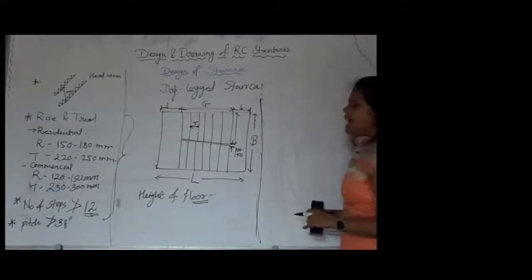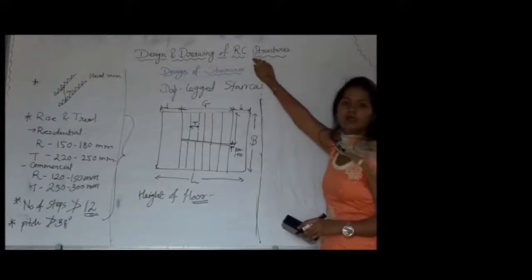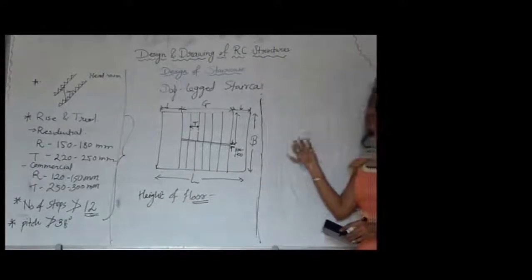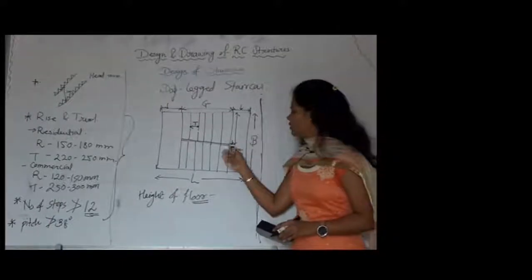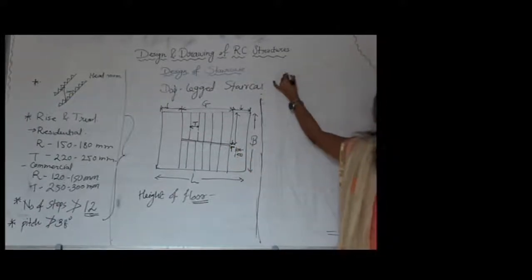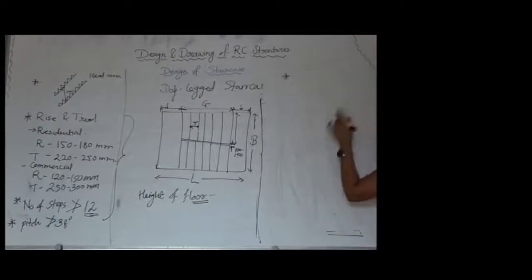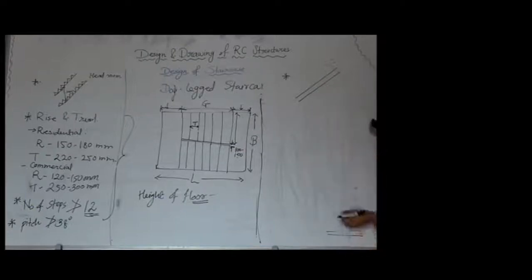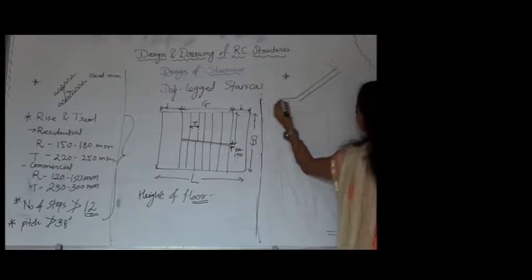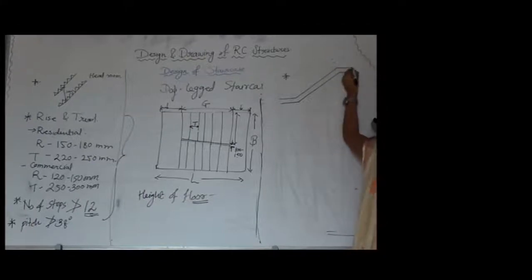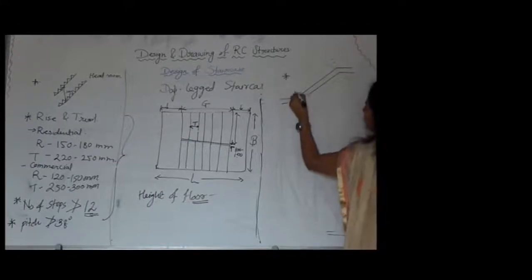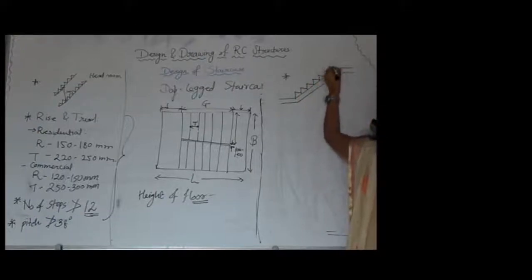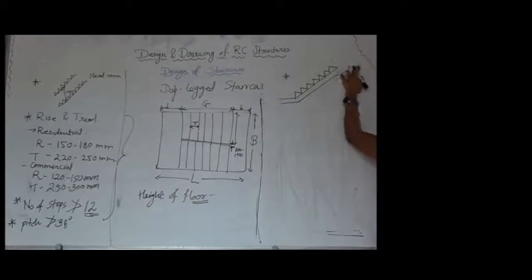Now, next, as we are dealing with a reinforced concrete structure, the main agenda of the design is to find, as it is a dogleg staircase, if we take a vertical section of the staircase of one flight, it will be like this. This is how the staircase will be provided.